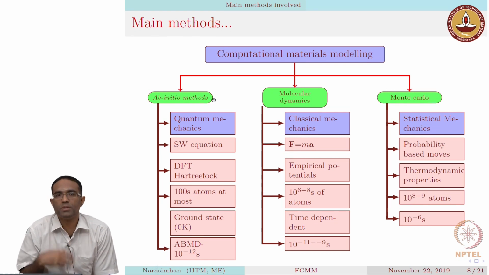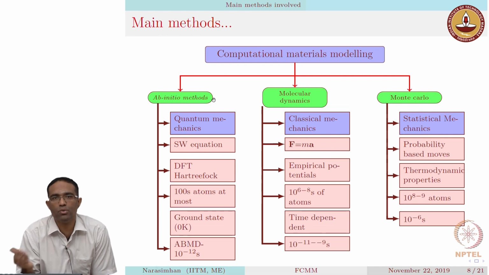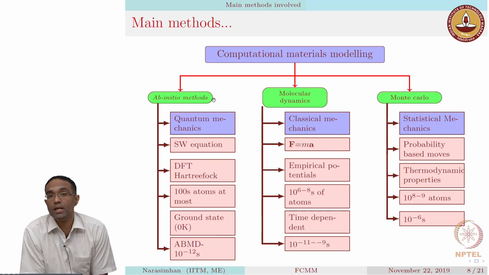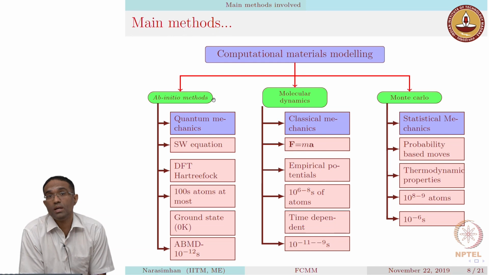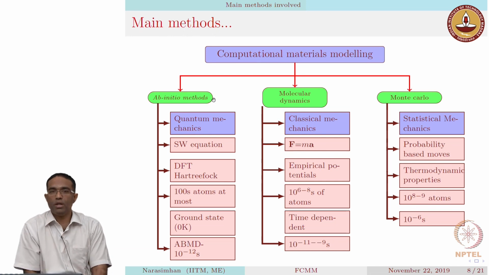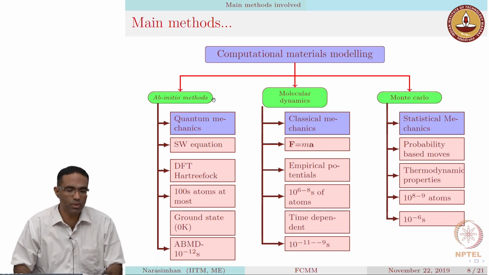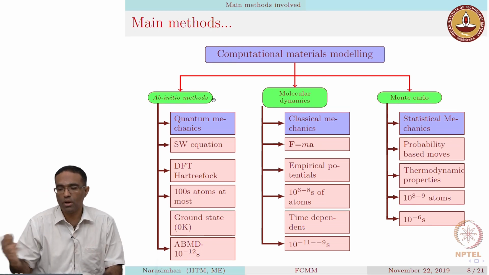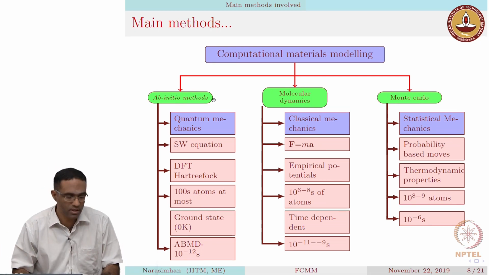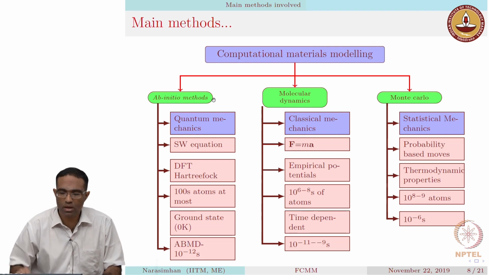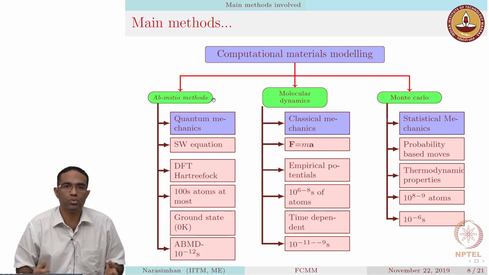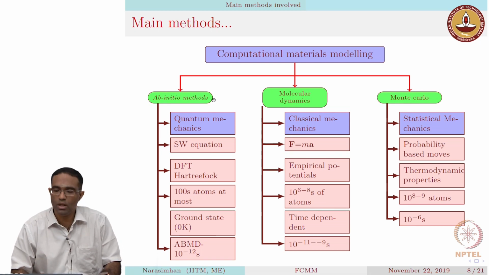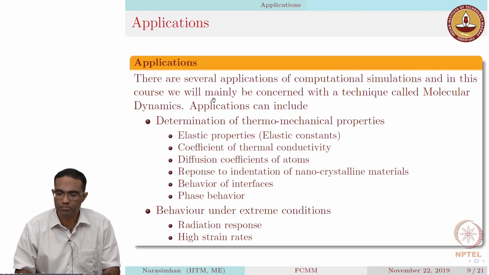And because you are not explicitly integrating the equations of motion like you do in molecular dynamics, it is possible to have a slightly larger number of atoms and explore slightly larger time scales in Monte Carlo simulations in connection with atomistic calculations. Monte Carlo simulations can also be used for several other things. So these are the main classifications of various tools that are generally used for computational materials modeling.